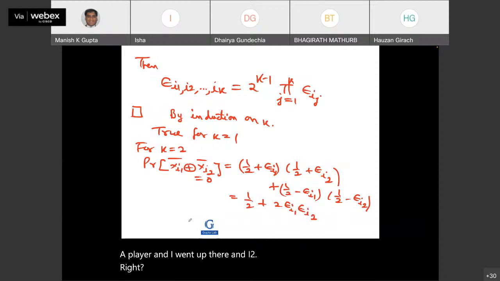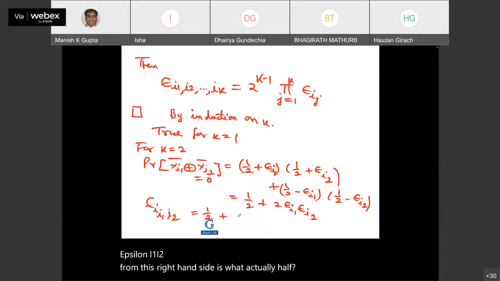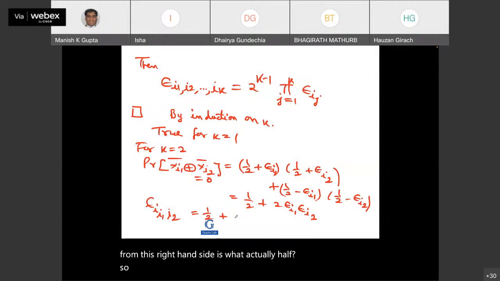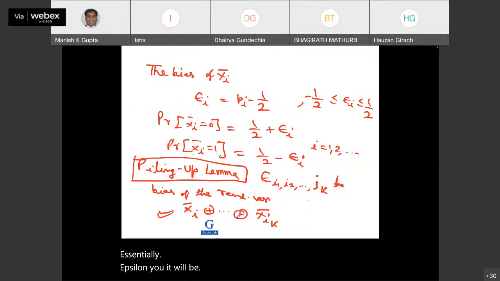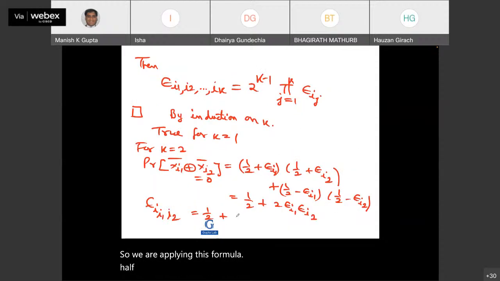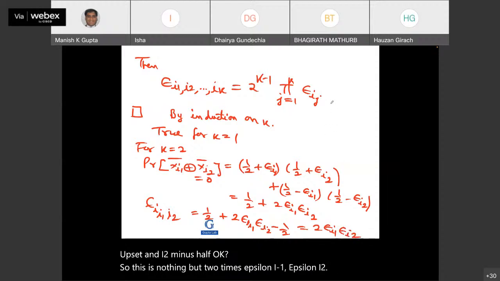Subtracting the half, this is nothing but 2 times epsilon i1 epsilon i2, which is the required thing on the right hand side.